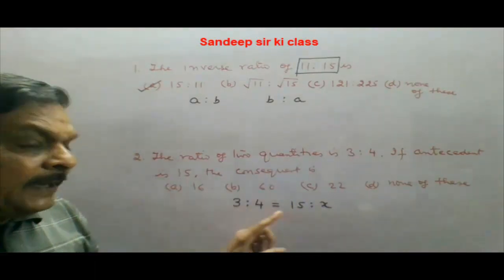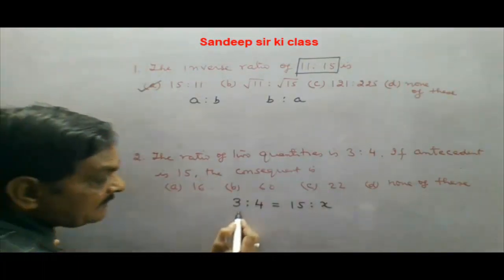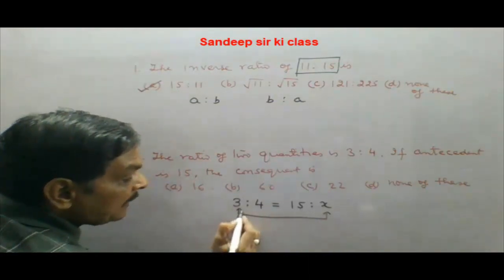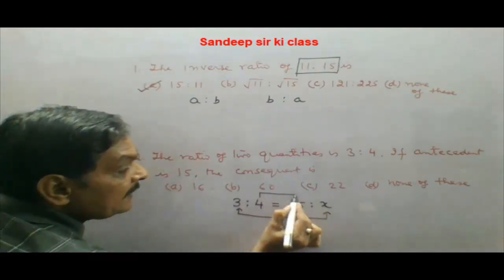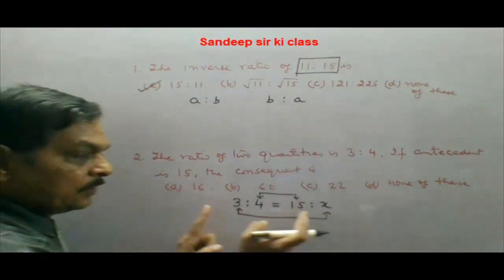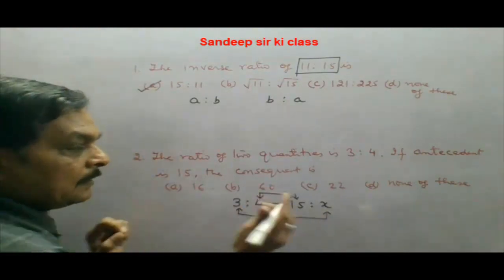Now, with the property of ratio and proportion, we know that the product of extremes is equal to the product of means.